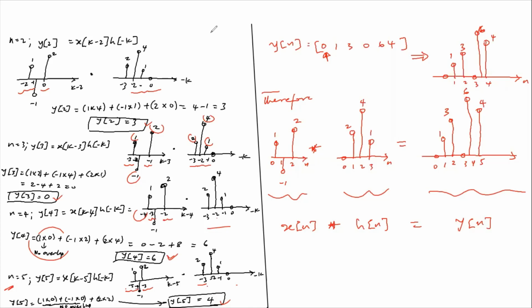Just before we wrap up this lecture, note that deconvolution is the process of recovering the input signal given the output signal. So recall that convolution itself is used to derive the output given the input signal.